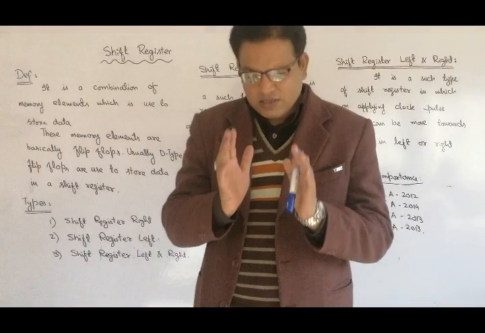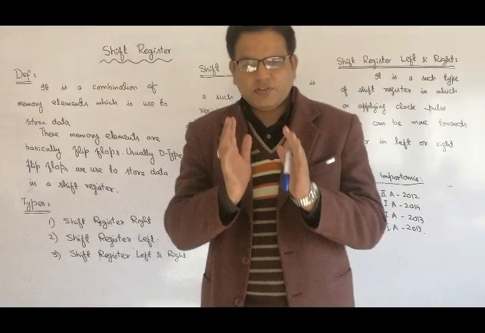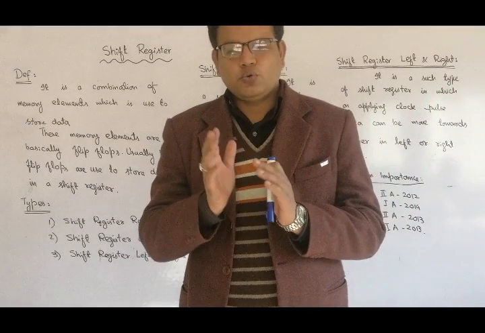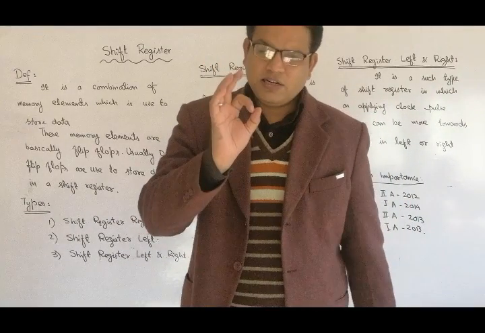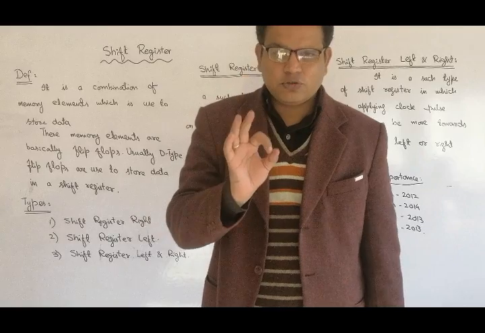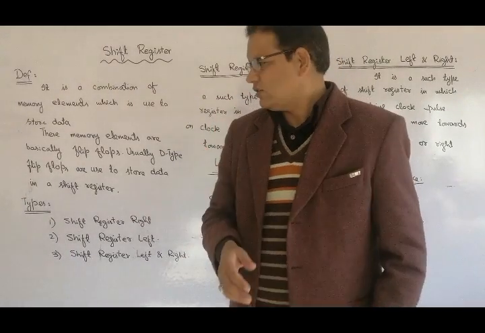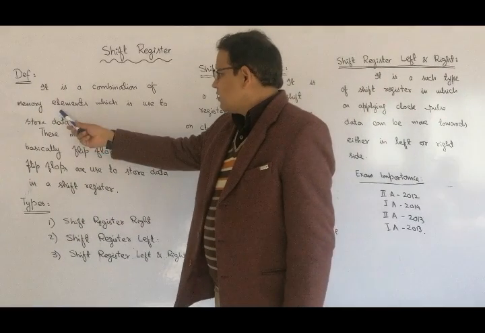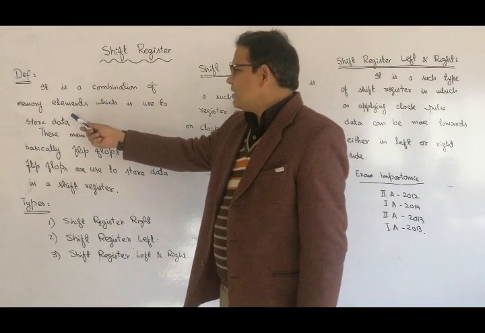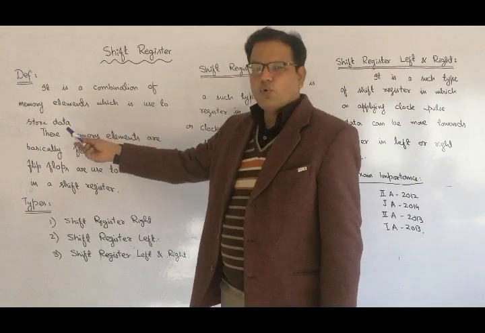What is the working of a shift register? Shift registers are basically used to store and transfer data. They temporarily store the data and move it in any direction. It is a combination of memory elements, basically flip-flops, used to store data.